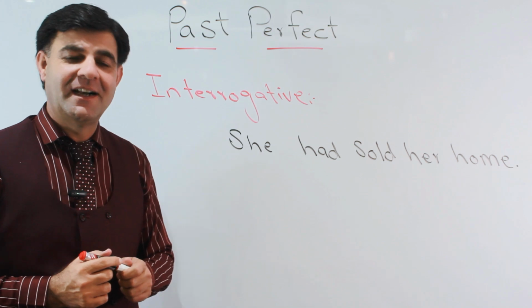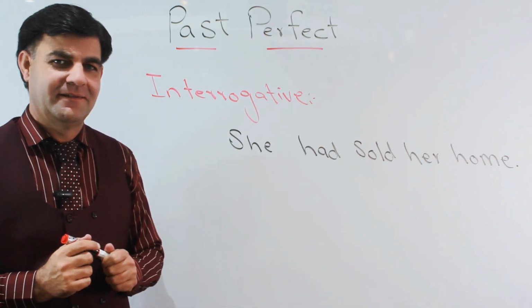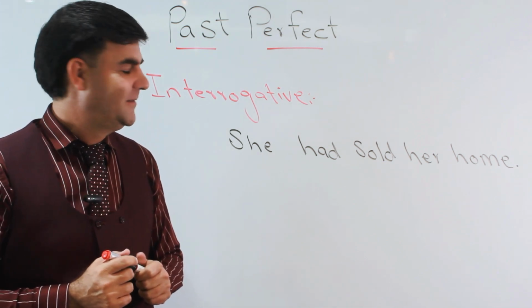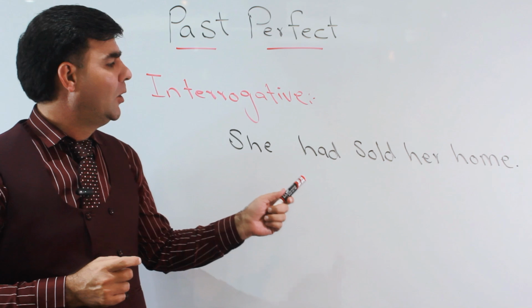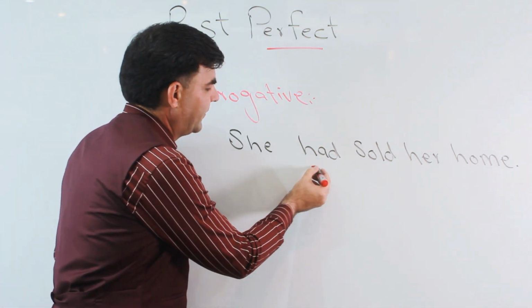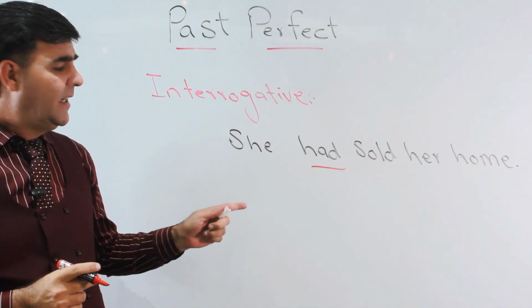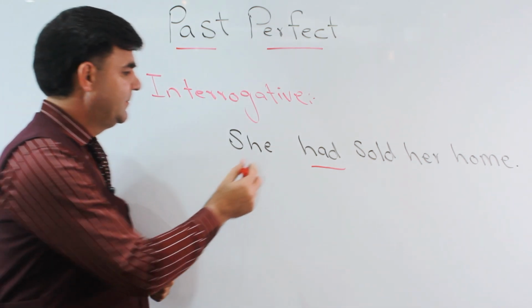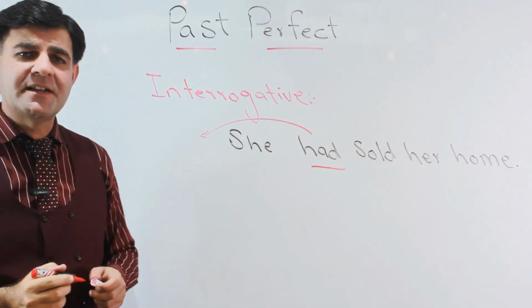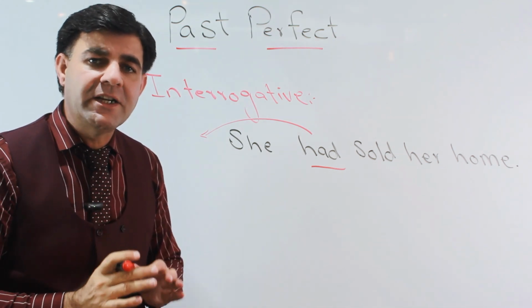The next step, how to make past perfect tense interrogative. Very simple and easy formula. She had sold her home. So the auxiliary verb had is here. Just take it out of the sentence and keep the rest of the sentence as it is, without any change.